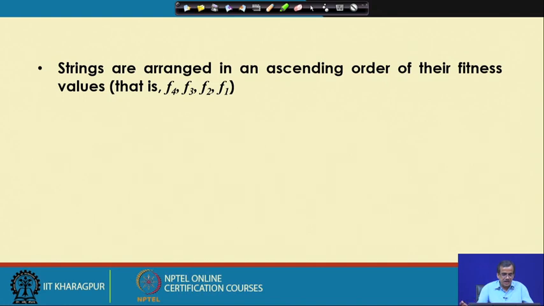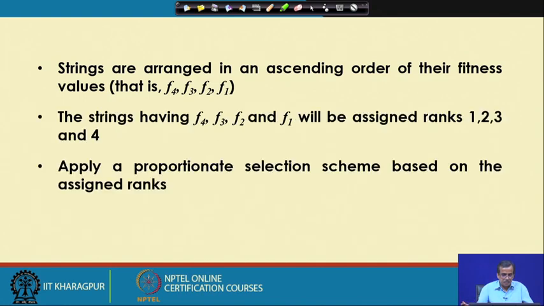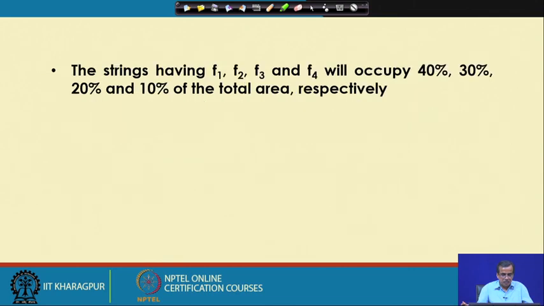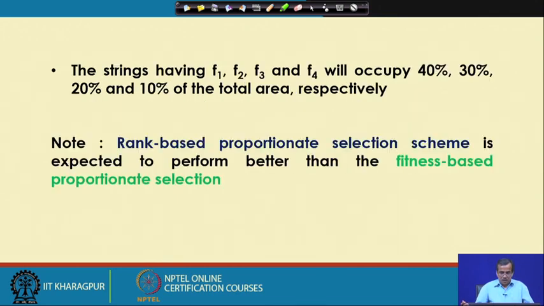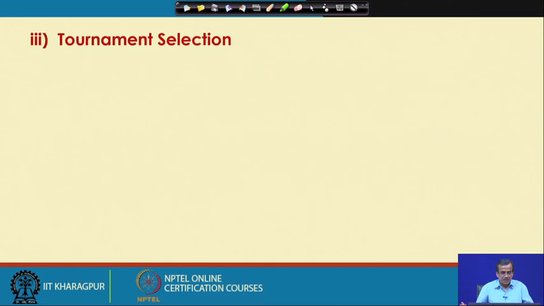So, this is what I discussed. Now, here I put one note that the rank based proportionate selection scheme is expected to perform better than the fitness based proportionate selection. The reason I have already discussed.